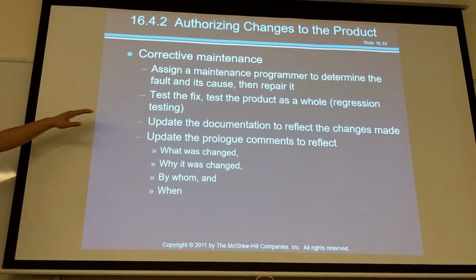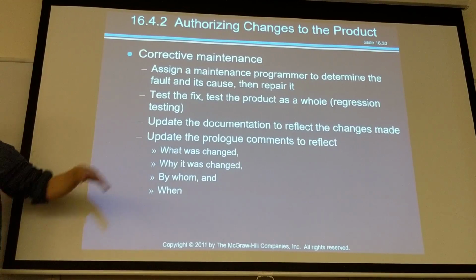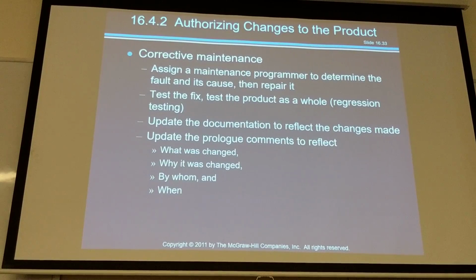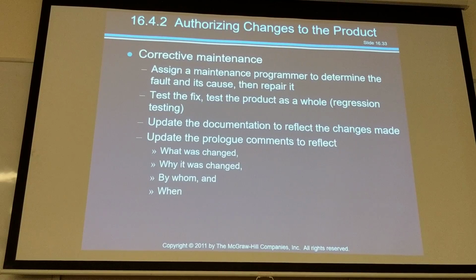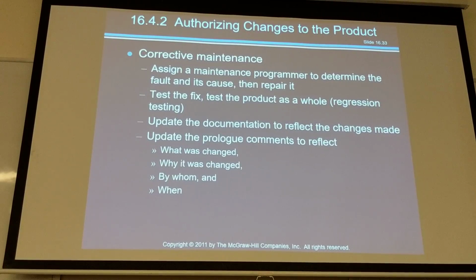So the key here is actually in the parentheses, regression test. This will keep you from making mistakes and introducing new bugs to your system. Keep your software quality stable. Passing all the regression tests does not mean you didn't introduce new bugs.